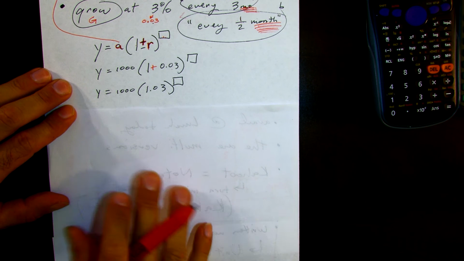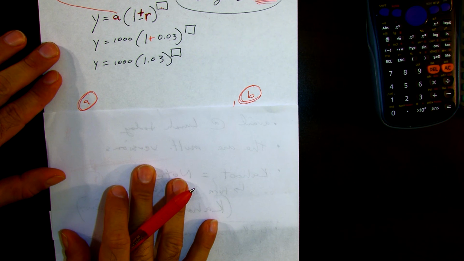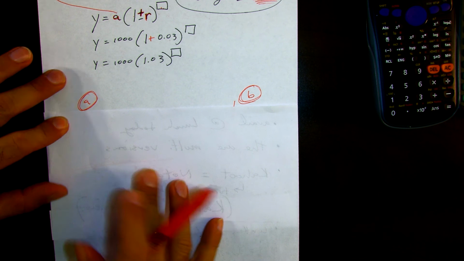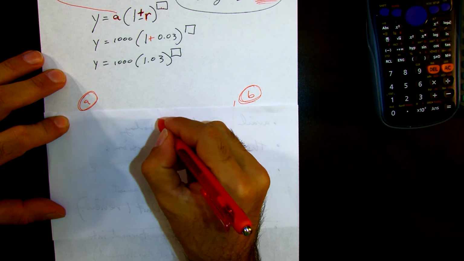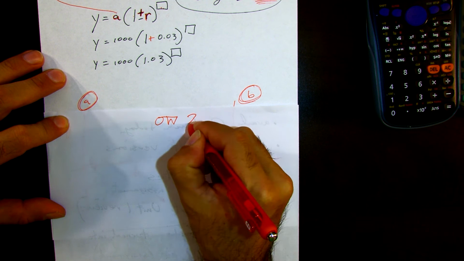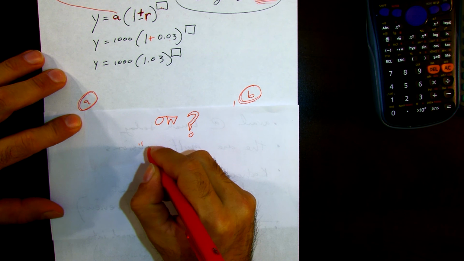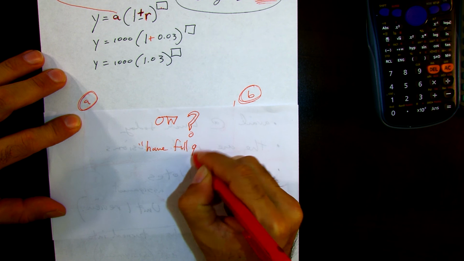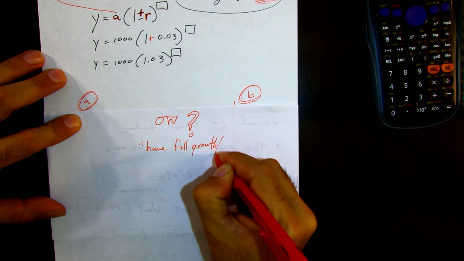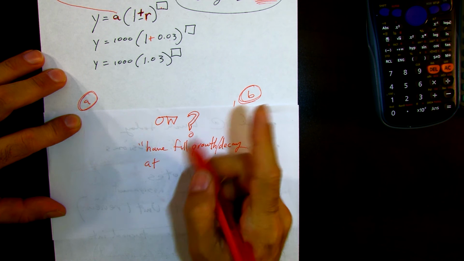Okay, next. This is where A and B are going to look different. So I want you just below this, for A, make a graph. For B, make a graph, because we're going to ask our key question of do we have full growth, or decay if it was a decay problem, at, in this case, 1 month.